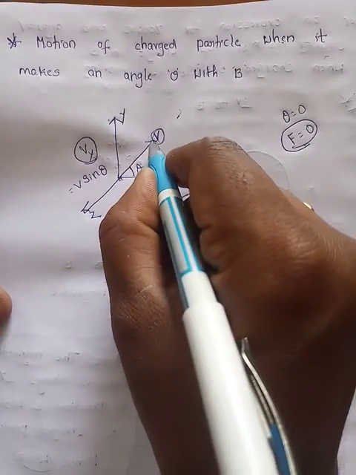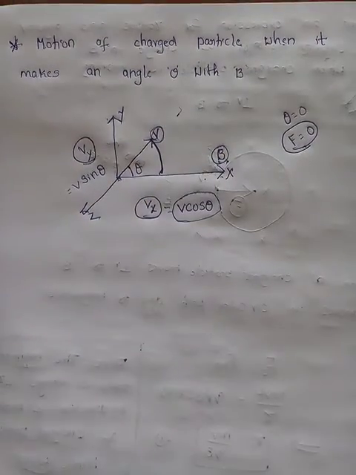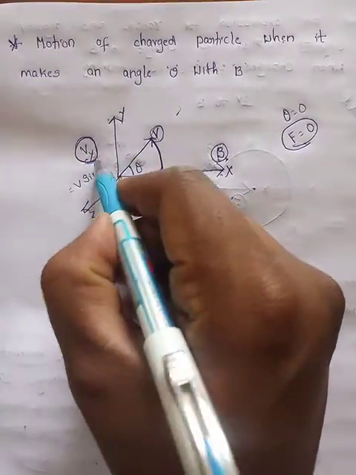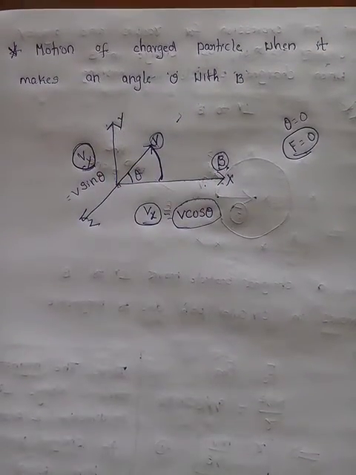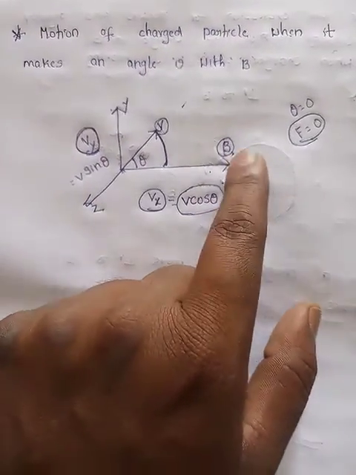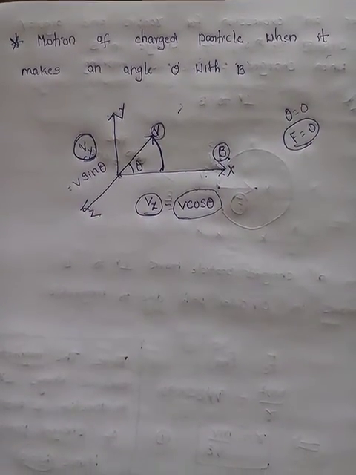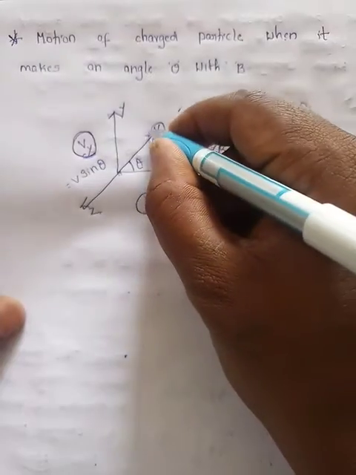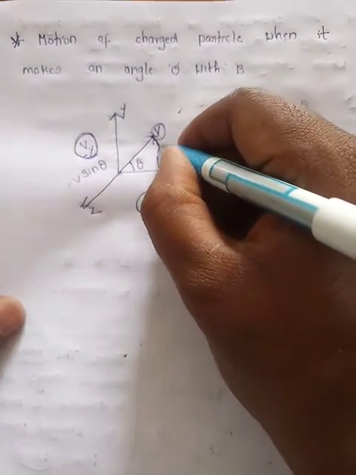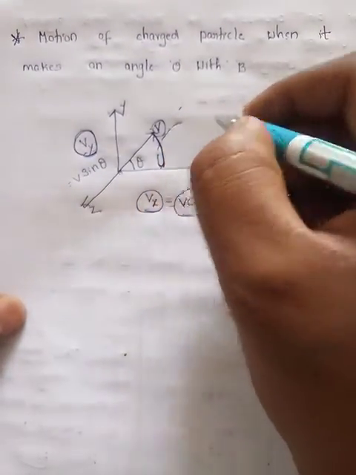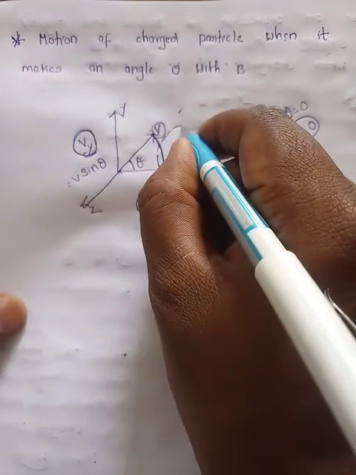This is the x component. Next, this velocity is along the y axis, which is perpendicular to the magnetic field, right? So this particle moves in a circular path. So vx moves along a straight line, vy moves along a circular path.